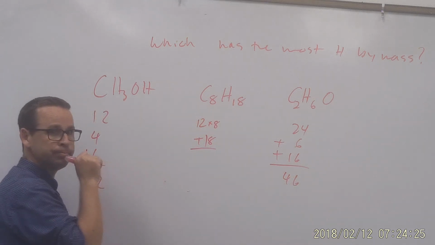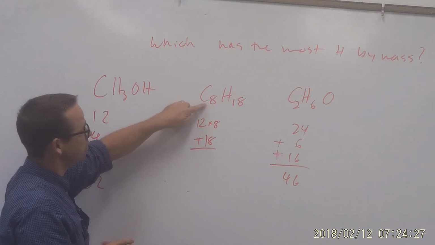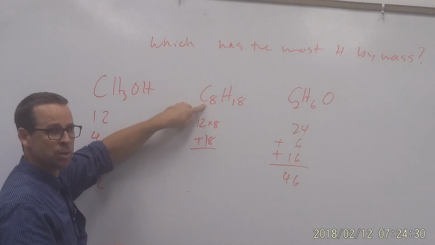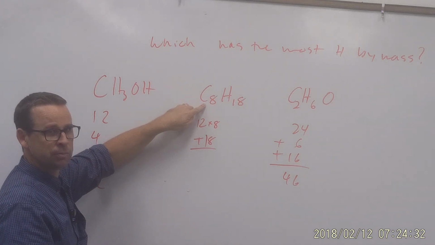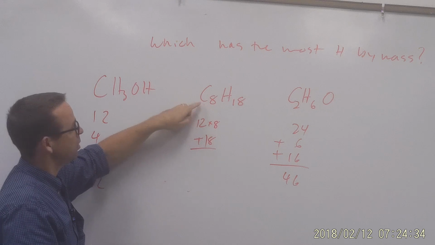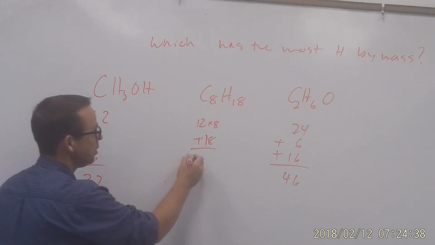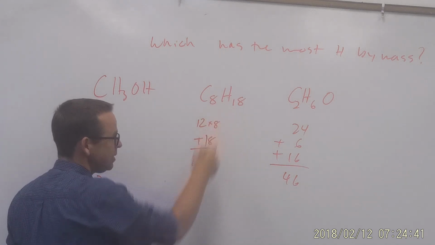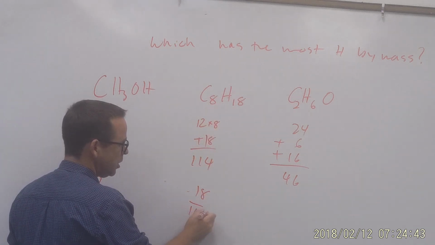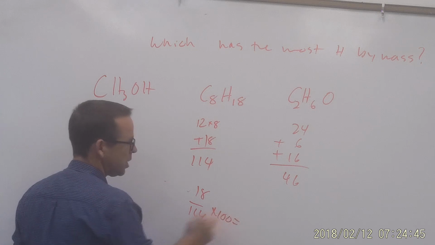Why 12 times 8? Because there are 8 carbons, and each carbon's 12. What's the answer for this one? 114. So 18 over 114 times 100 will give me the percent hydrogen.